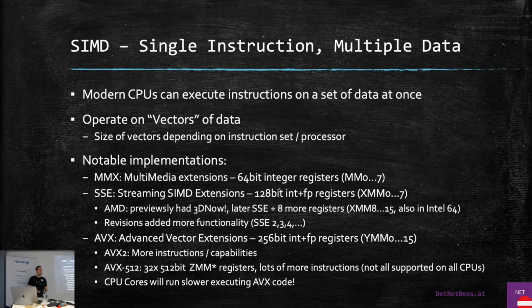And this SSE is still around. It's been revised a couple of times. There's SSE 2, 3, and so on. But the latest edition is the set of Advanced Vector Extensions. So AVX gives you 256-bit registers, and actually 16 of them.